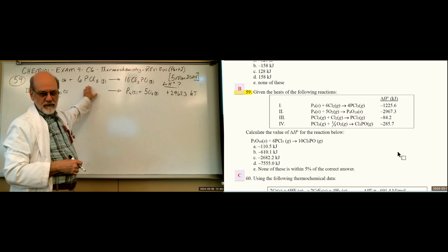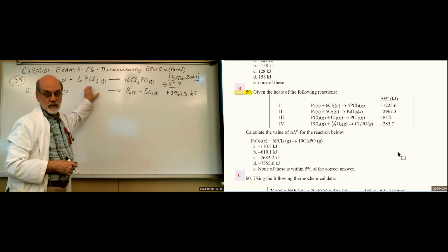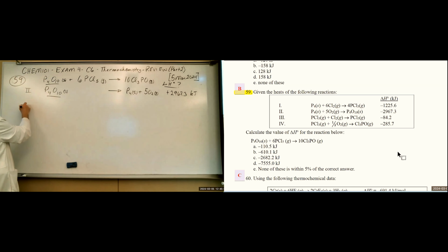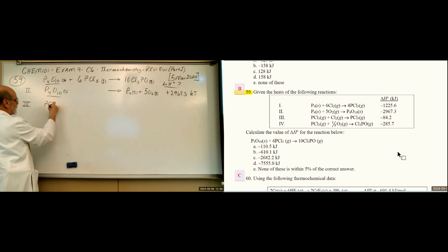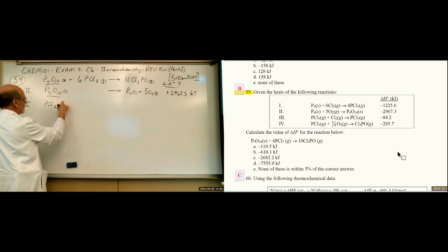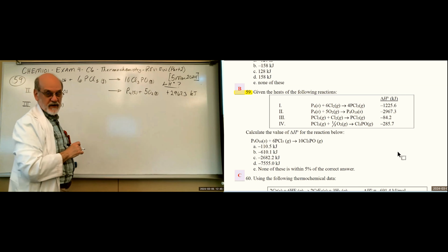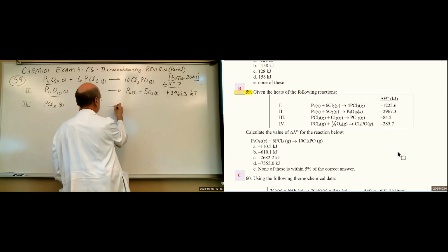PCl5, who's got PCl5? Roman numeral 3, and it's on the wrong side. So PCl5 should be on this side, and then PCl3 and Cl2 on this side.